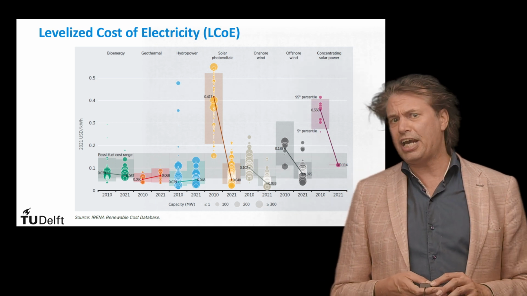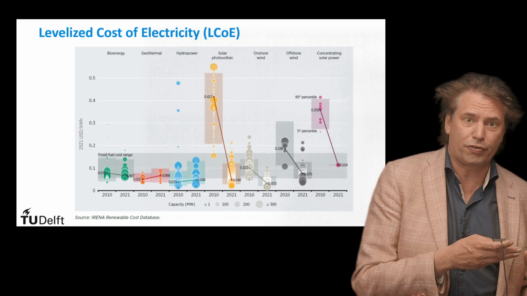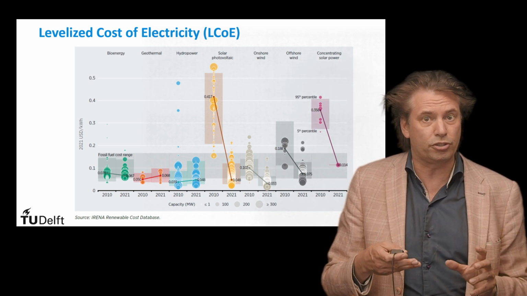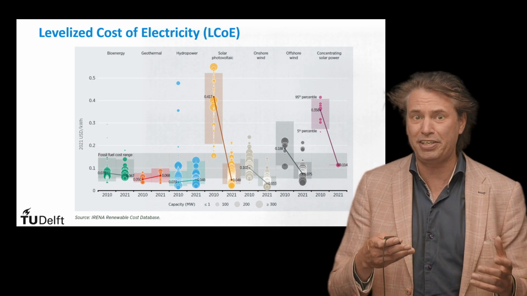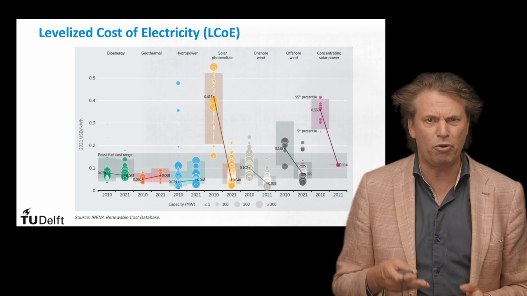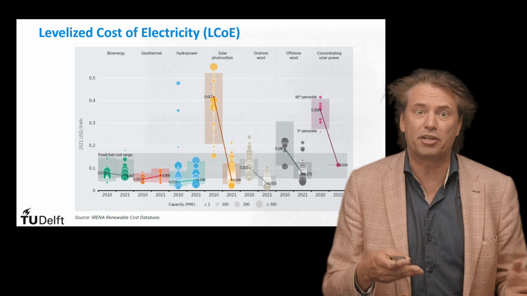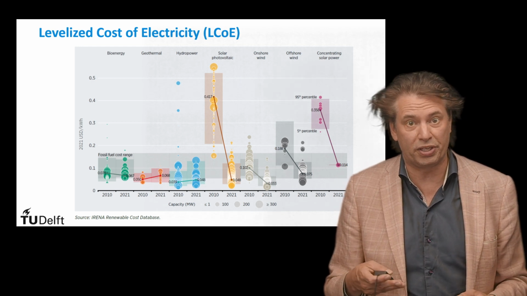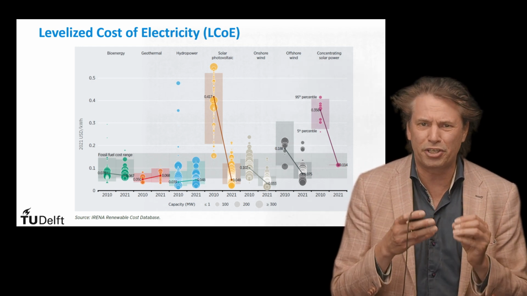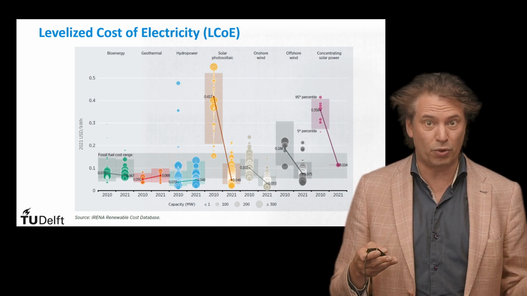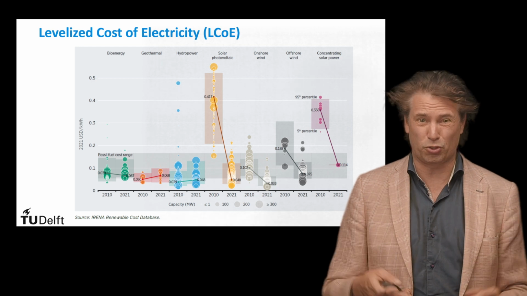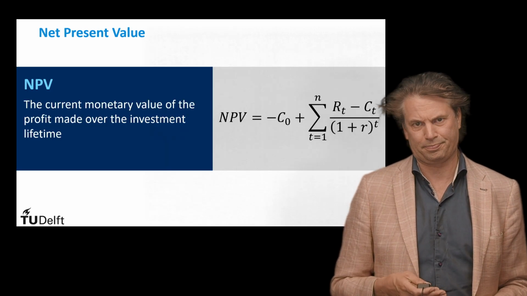It shows the LCOE in 2010 for various technologies and in 2021 for various technologies. It shows that within these 11 years, photovoltaics, shown here in yellow, has developed to become, together with hydroelectricity and onshore wind, the cheapest technologies around to generate electricity. In many regions in the world, PV is already the cheapest form to generate electricity.